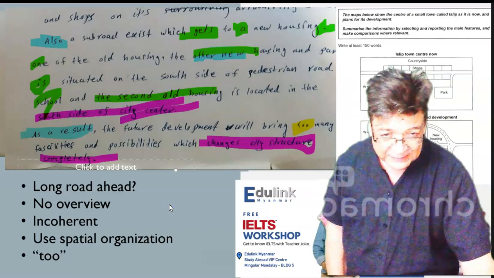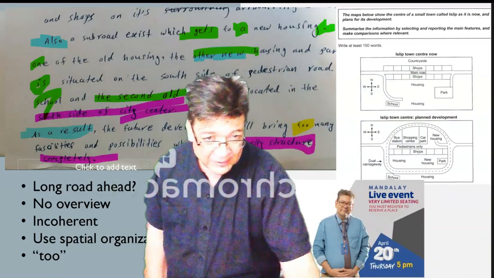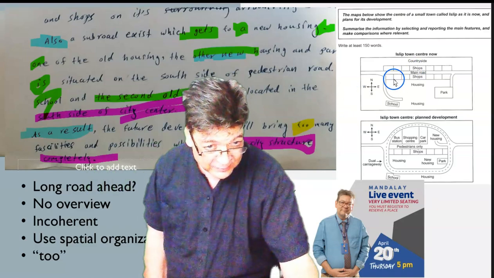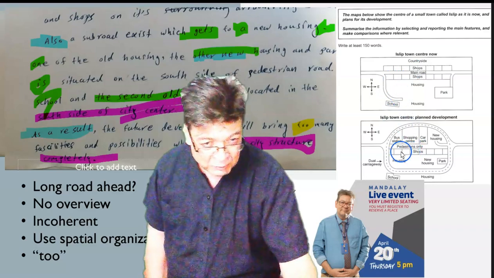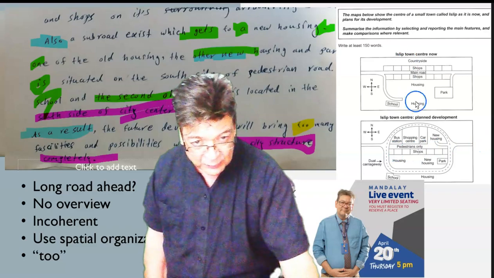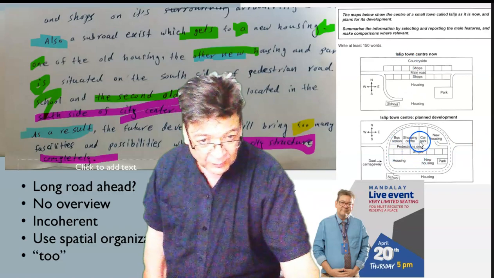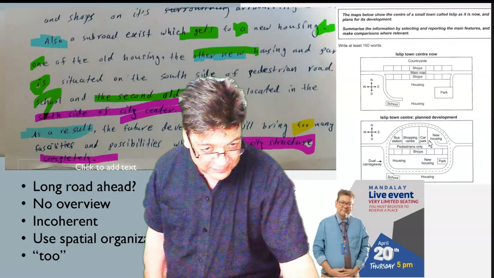Well, if I was writing this, I would look at it and say, overall, it can be seen that the main road has been converted, or will be converted, into a walkway, a pedestrians-only section. Shops will remain on the south side of the walkway, with commercial development and housing on the north side.